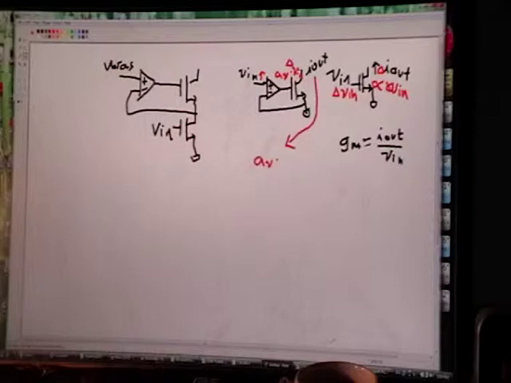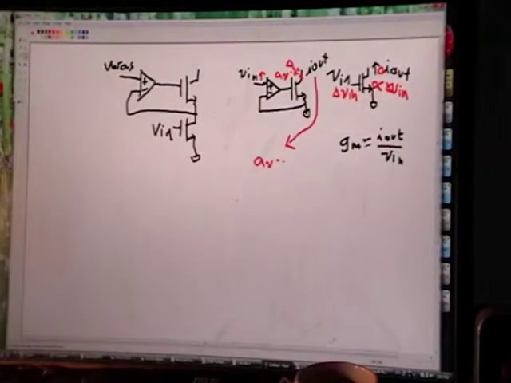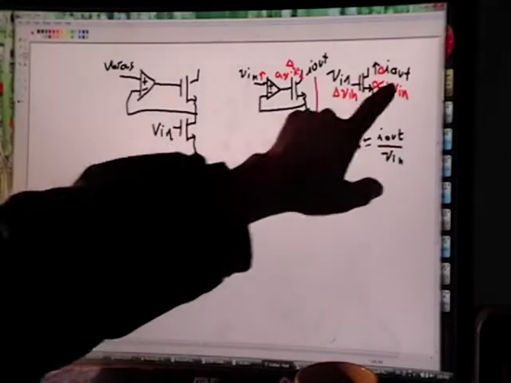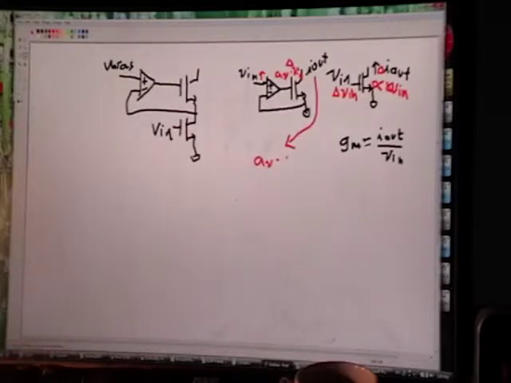So whatever this delta I out was over there, it increases by AV times that amount, AV times delta Vn times whatever that constant is.